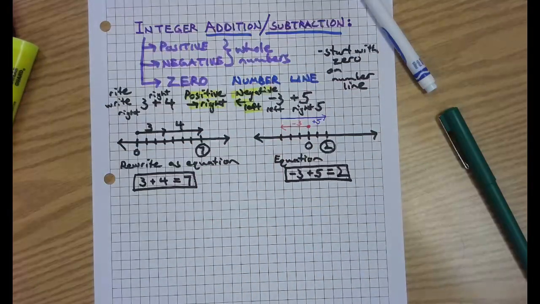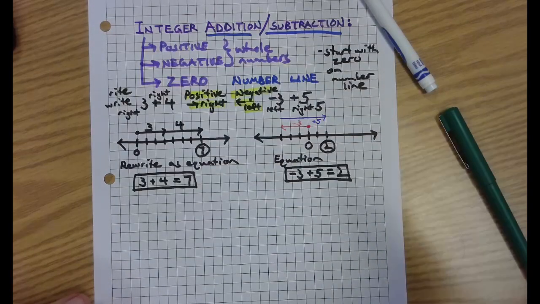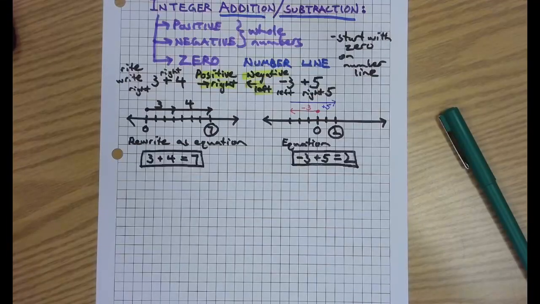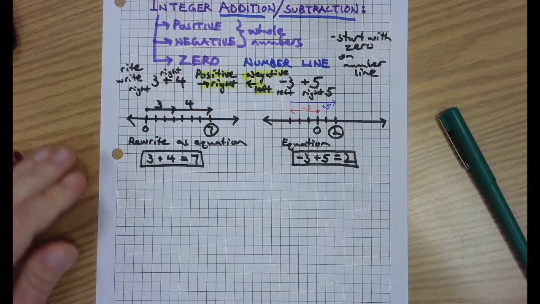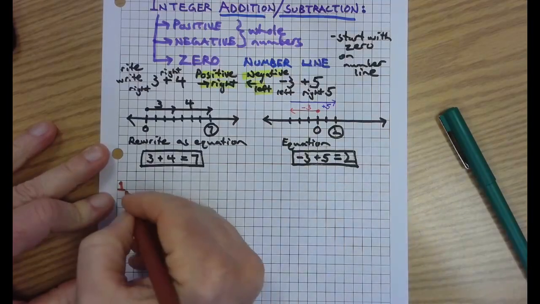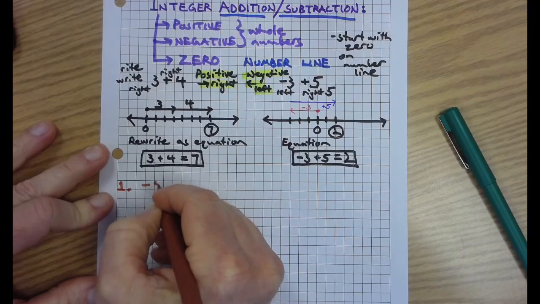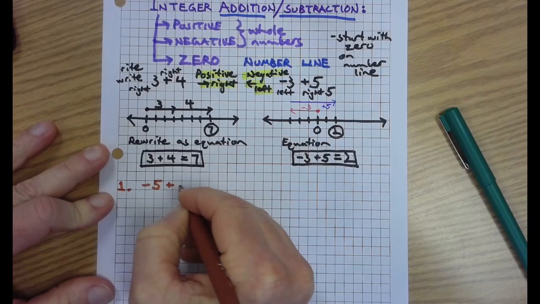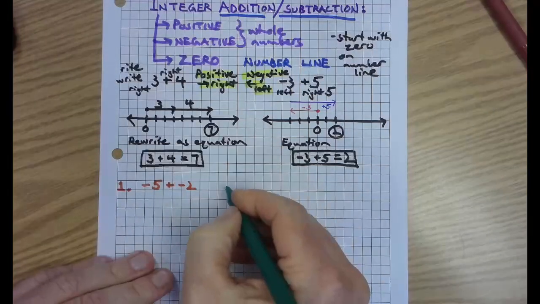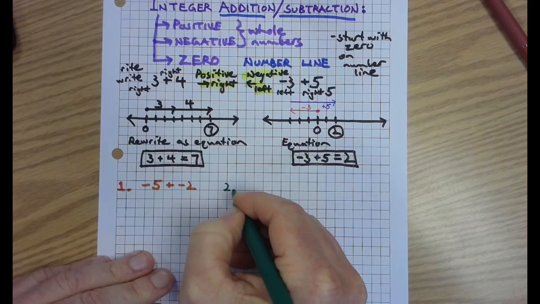Okay. Got the concept there? I'm going to write 3 more practice ones for you. All you need to do is follow our examples of drawing the number line, put the 0 on there, plan ahead the best you can, document the movements, and rewrite as equations. Let's do number 1. Number 2. Copy these down while we're going here.